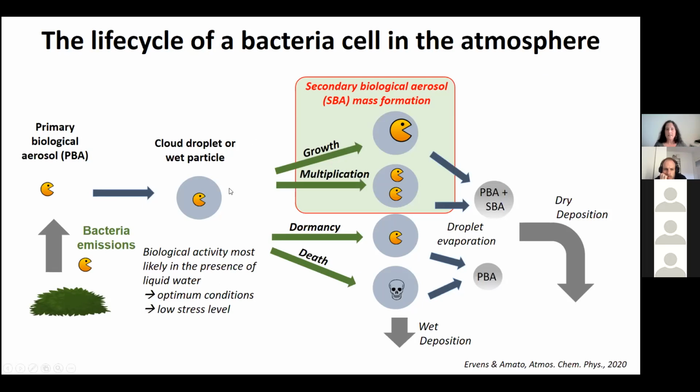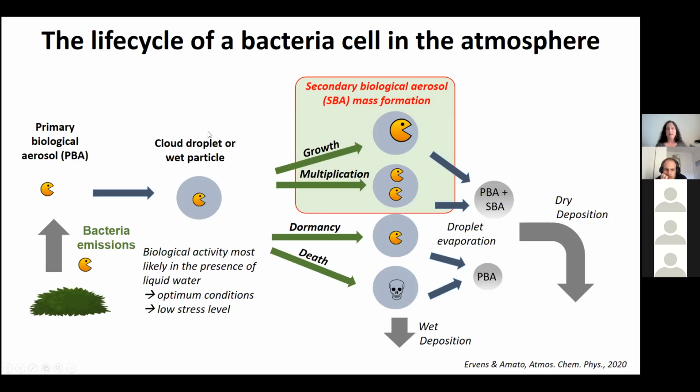And actually, bacteria cells like water. For them, cloud droplets are the least stressful conditions in the atmosphere, because in an aerosol particle the water is very limited. It's a very harsh condition for them, highly concentrated, so they try to attract water. So cloud droplets are probably the best conditions they can encounter in the atmosphere.